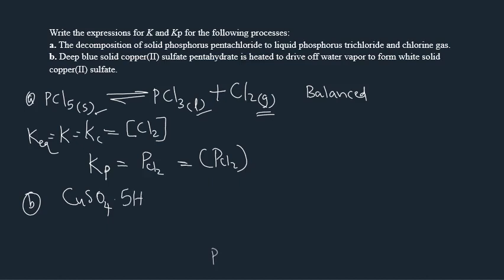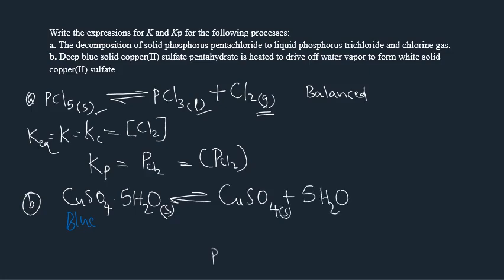Penta means 5, so 5H2O, which is in solid form, and this is blue in color, right? And then we will have copper sulfate solid, and we will have 5 water molecules, which is vapor, so gaseous phase.